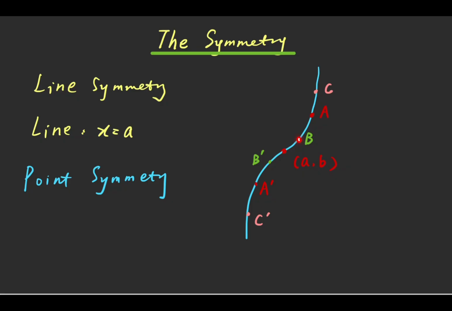If you connect point B and B prime, this point (a, b) must be the midpoint of the line segment BB prime. If you connect C and C prime, this point (a, b) must be the midpoint of the line segment CC prime. This is the essence of point symmetry. We say this graph has point symmetry.